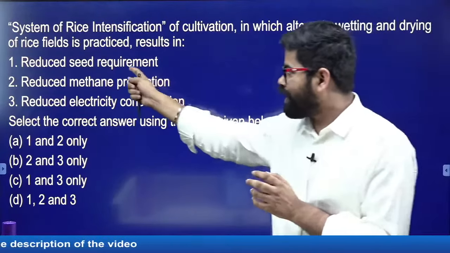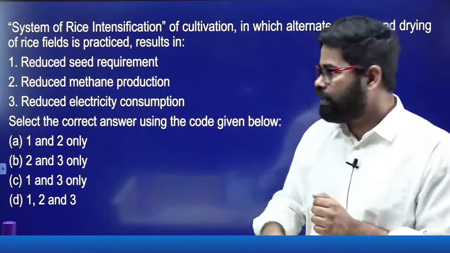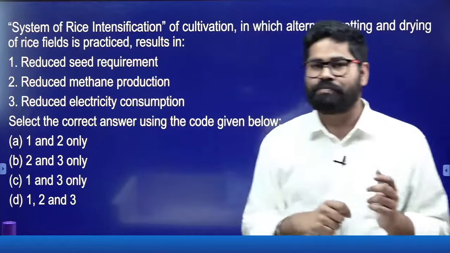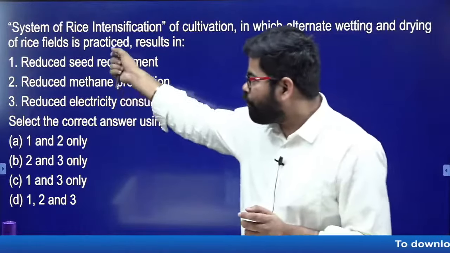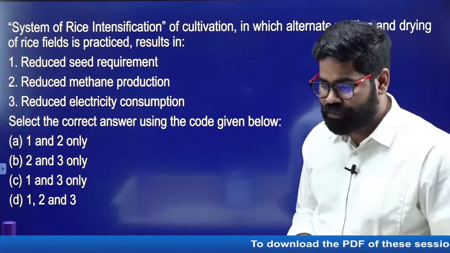Read this question very carefully and you can get the answer. First one is reduced seed requirement, second is reduced methane production, third is reduced electricity consumption, and you have to tell which of them are correct. This is one easy question.